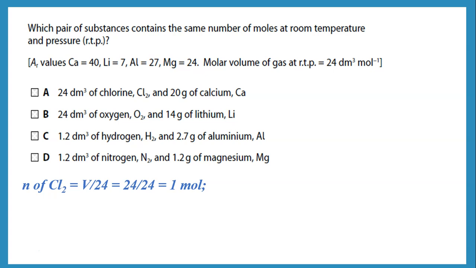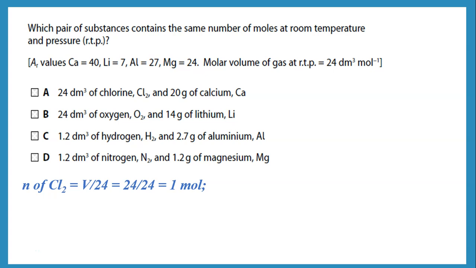So we need to use that to calculate the number of moles of each one. And the question wants, in which choice do we have both substances having the same number of moles? So basically, what you're given, you're going to get the number of moles. If we're given 24 decimeter cubed of chlorine, then the number of moles is volume over 24. So it's 24 over 24, so that means I have 1 mole.